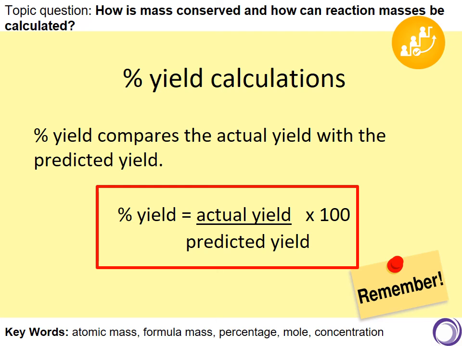So the percentage yield is equal to the actual yield divided by the predicted yield, and then to turn it into a percentage we multiply it by 100. This will never be a top-heavy fraction. We can never produce more than we would predict, so this would always be a standard fraction.